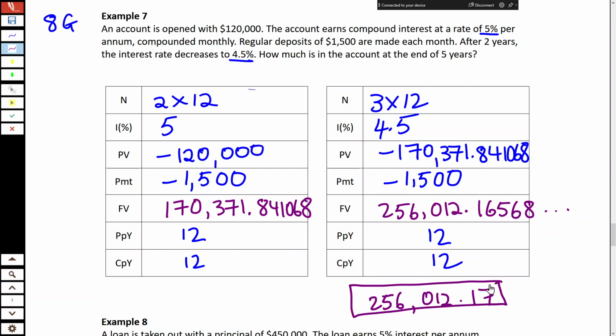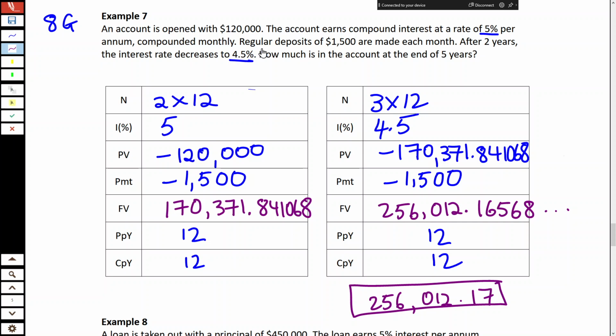I got 252,000. So you took your comma as the dot point. So you're all getting a different answer. 256,646.